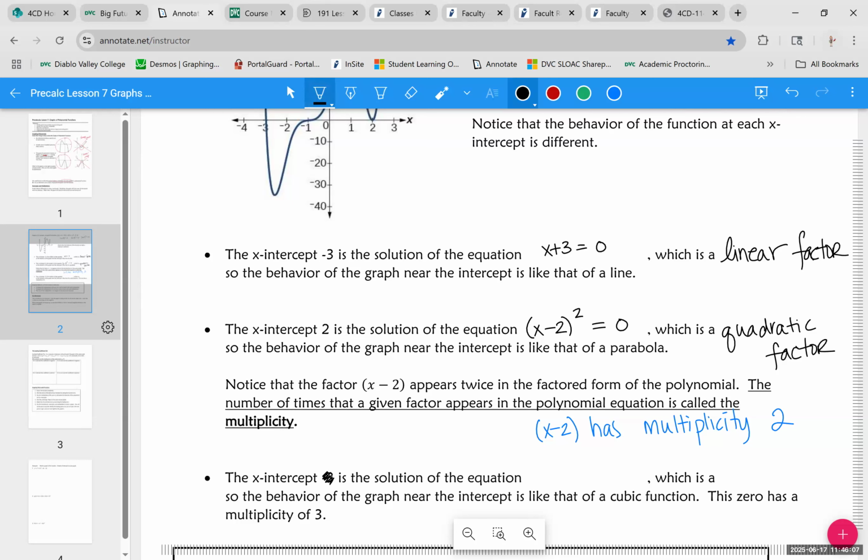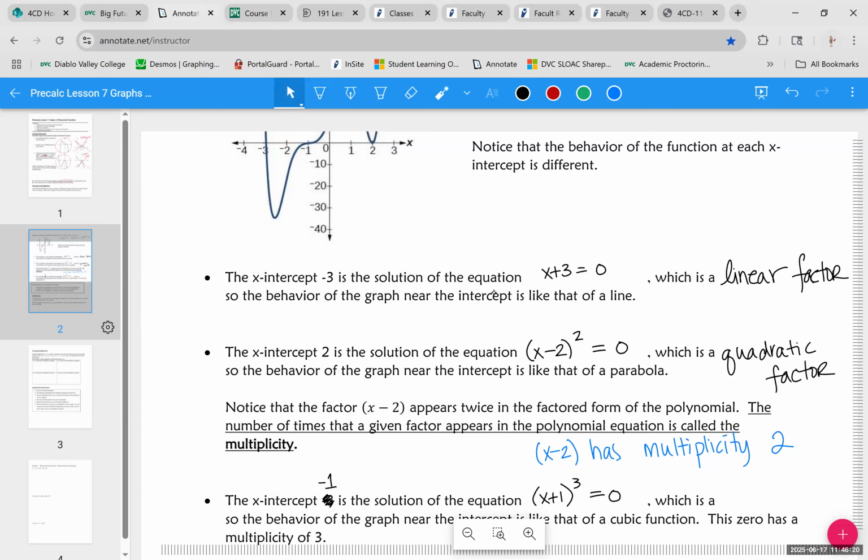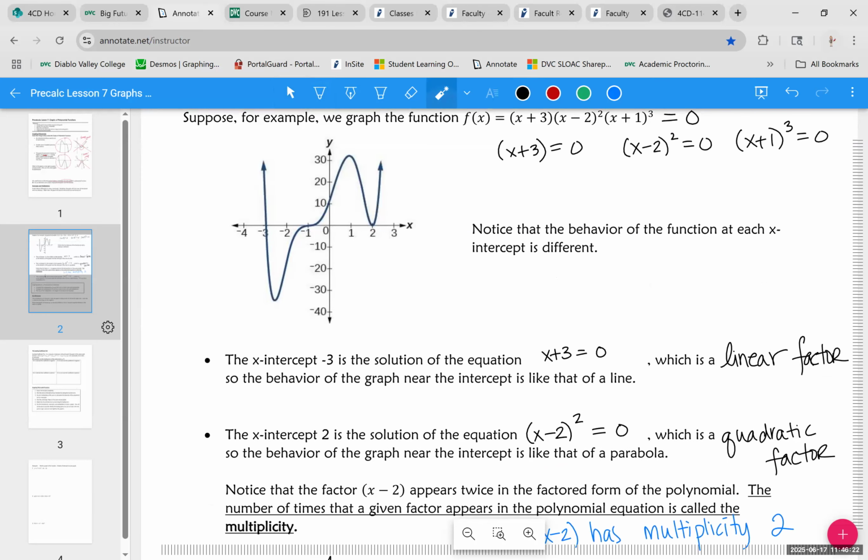So that should be a -1. That's the last intercept we're looking at. And that's the solution of this part of the equation. X plus 1 cubed equals 0. We look back up here. X plus 1 cubed. There was 3 of them. So it has multiplicity 3.